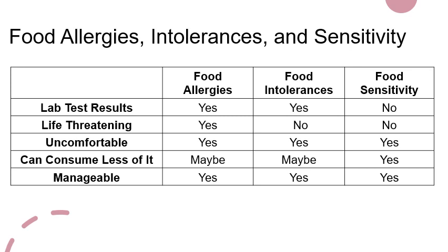So we did mention about food allergies that some people can have less of. Can people with food intolerances have less of it too? Well, if you ever met people with food intolerances like lactose intolerance, some people have to drink lactaid milk, but they can still eat ice cream or cheese or yogurt, probably because it's more processed.